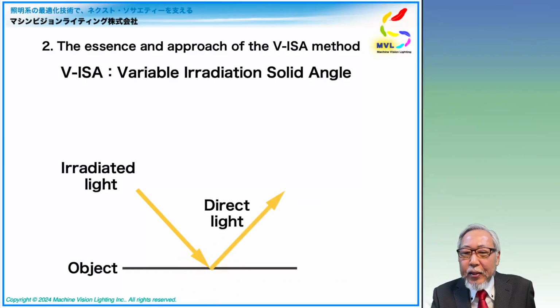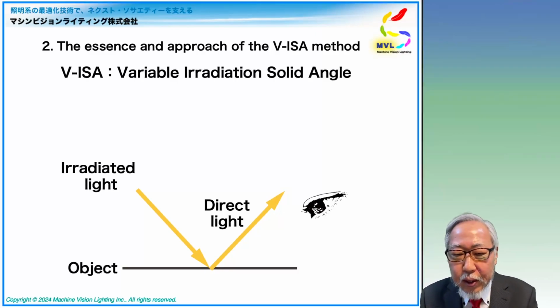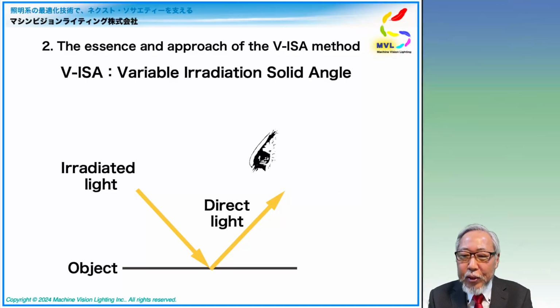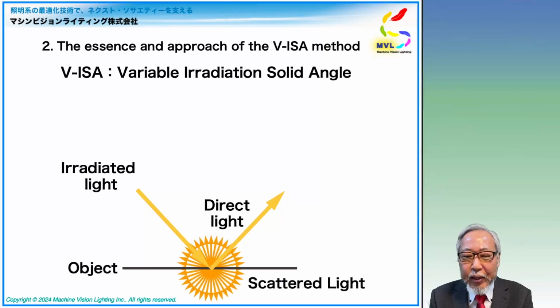This means that the brightness changes depending on the viewing direction. If you look from a direction where no direct light is returned, it will be completely dark. However, the brightness will only be that of the scattered light.